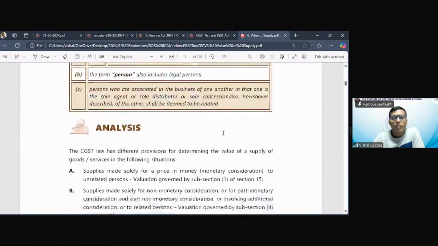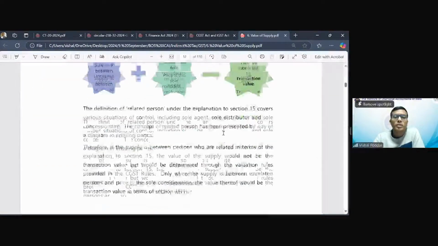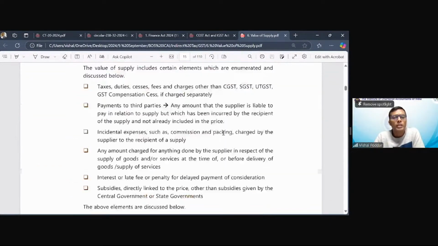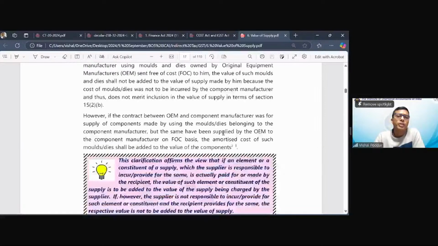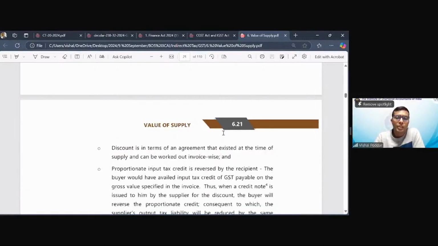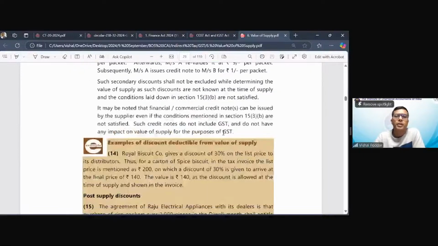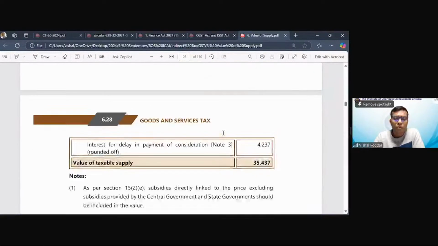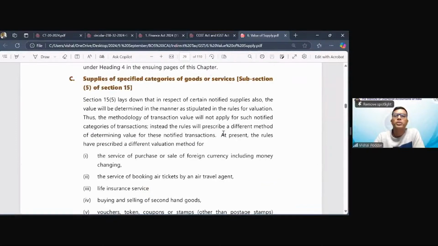Now, once you are falling in subsection 4, what is subsection 4? That the condition of subsection 1 is not satisfied, because of which the transaction value cannot be accepted. In such a case, we go to valuation rules, which is given in subsection 4.